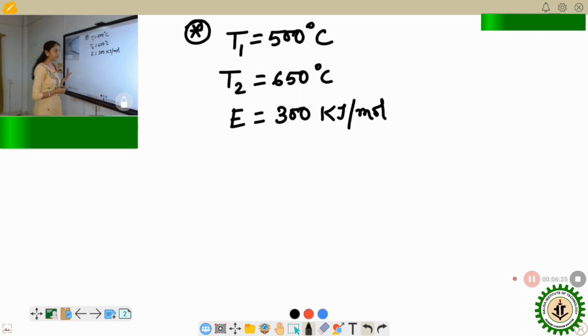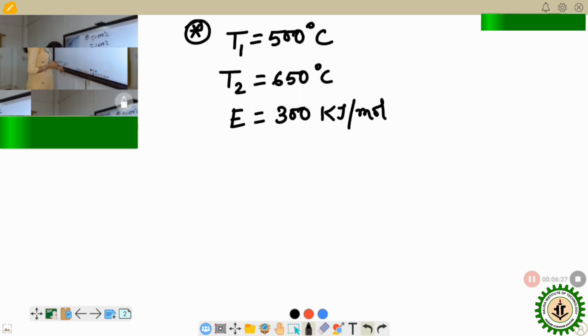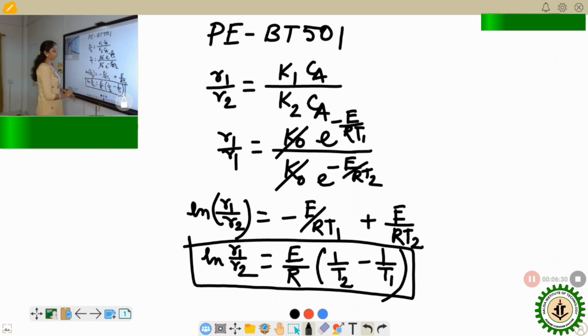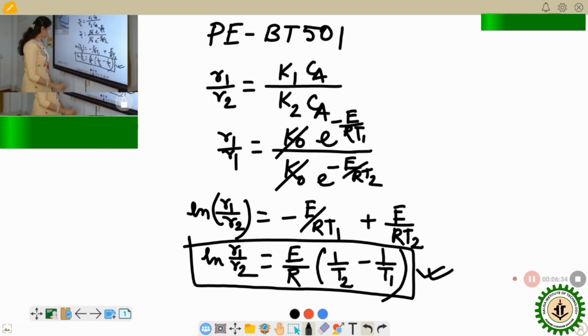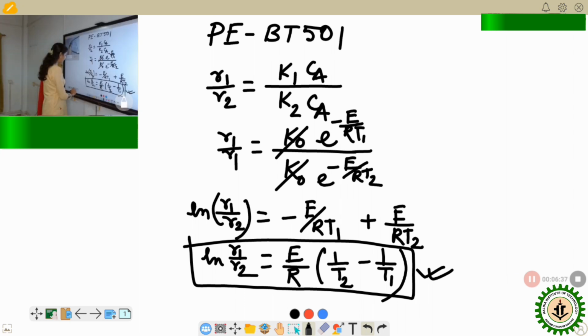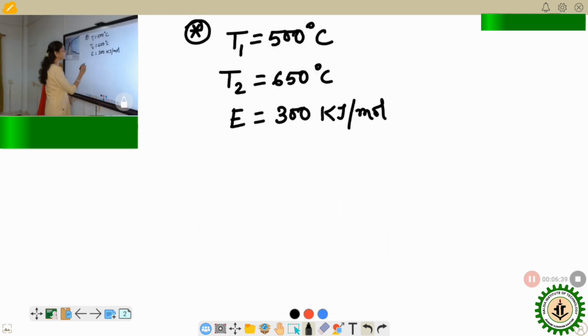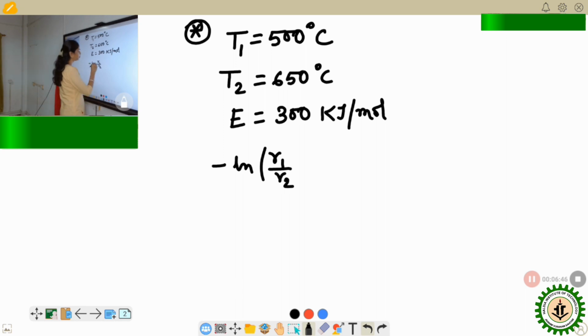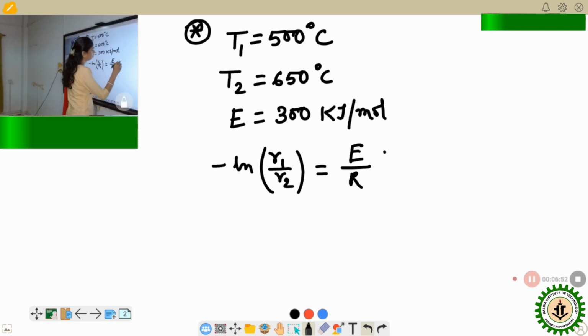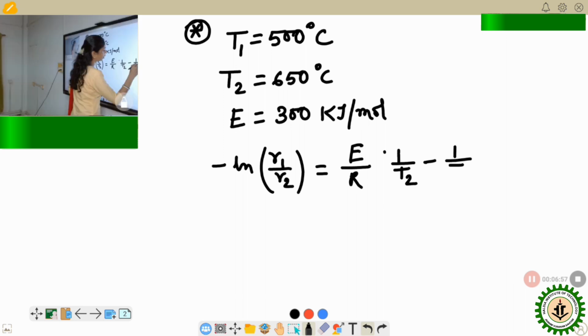So what have we learned? This is the equation. Now we will apply that in this case. So minus ln R1 by R2 equals E by R into 1 by T2 minus 1 by T1.